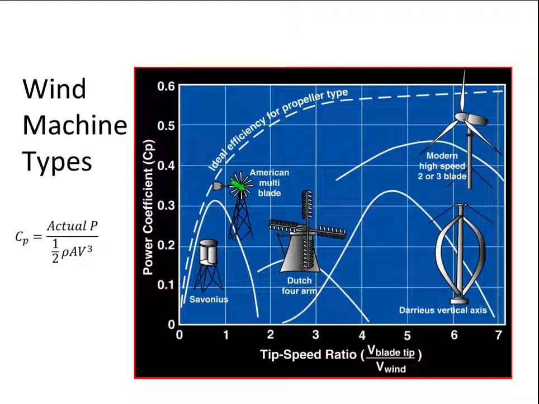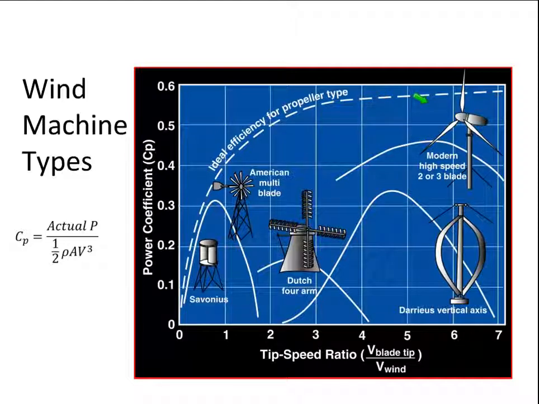And so here's the American multi-blade windmill, or maybe sometimes we call it a Chicago style, or also a water pumping windmill. So it's, again, got a little bit of lift forces, but a lot of drag forces, and so it's on the lower side of the efficiency. The Darrieus and the modern 2- and 3-blade turbines are getting up there, the Darrieus at times can get up in here as well, above 0.4, 0.5, or 50% efficiency.